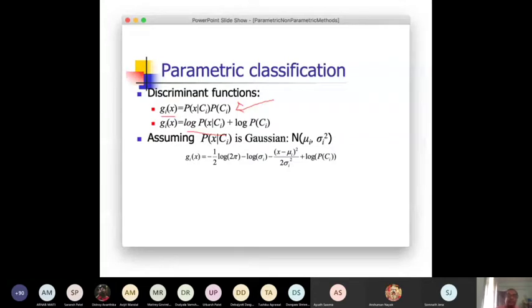You can see that this discriminant function takes care of the Bayesian inference rule, because this part takes care of the prior of the classes, and this part takes care of the likelihood of data given the classes.